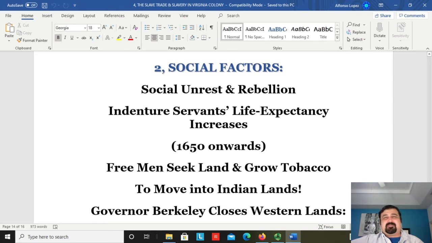of course infecting people, the people that live in the interior of the colony, they're moving into the interior of the colony, had a greater chance of actually living up to their 7-year contract and fulfilling their obligations and being released. So the life expectancy is increasing as a result of people moving away from the swamps.